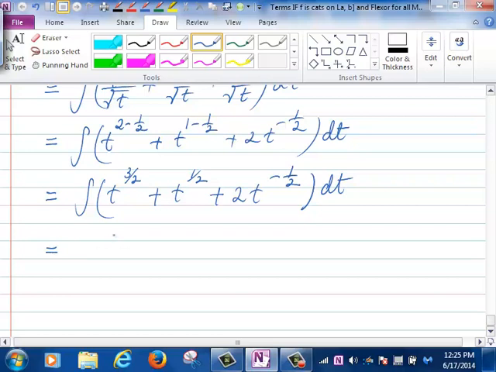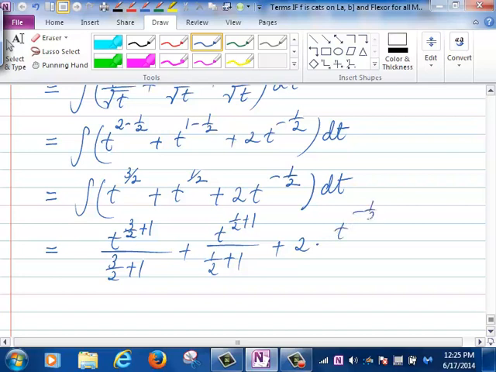It's going to be t to the 3 half plus 1 divided by 3 half plus 1, plus t to the half plus 1 divided by half plus 1. Here you're going to get 2 times t to the negative half plus 1 over negative half plus 1, plus the c at the end.